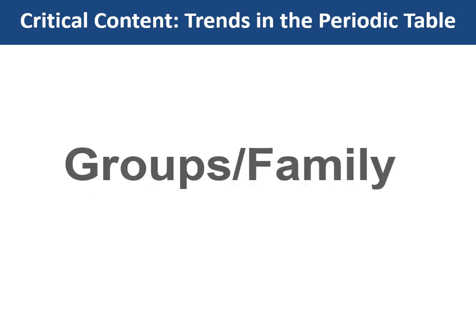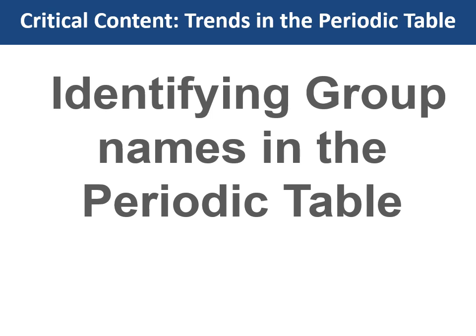Okay, una natin dito, we had the group or families. Ano nga ba ito? Okay, let us identify group names in the periodic table. Okay, ready na ba? Let us continue.